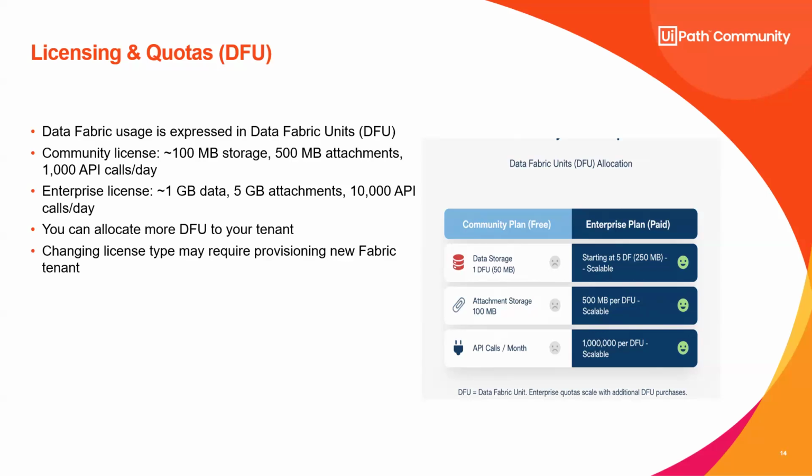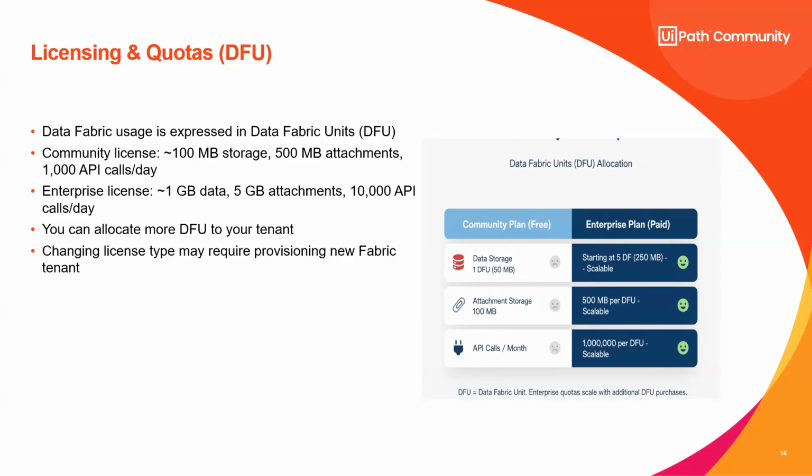If you query 100 records, that's 100 DFUs. You can monitor usage in the Automation Cloud dashboard and request more if needed. If you are on the community plan, you will want to optimize your logic to avoid unnecessary calls. For example, instead of querying the entire entity, we can apply specific filters like status is equal to pending.